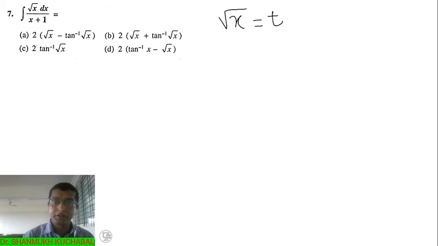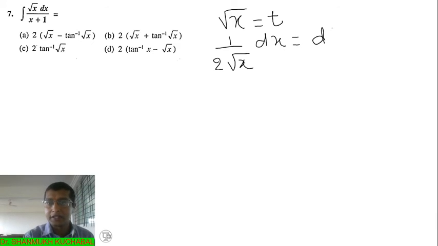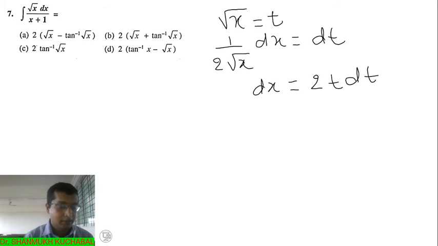If we differentiate this, the derivative of root x is 1 by 2 root x, into dx, and the derivative of t is dt upon dx. So further I can write the solution for dx: dx equals 2 root x into dt, that is 2t dt. Yes, so we get it like this.